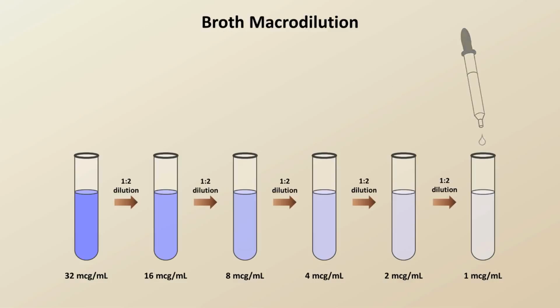The tubes are then incubated for about 24 hours. The following day, what will be seen is that some of the tubes will have become cloudy due to bacterial growth, and some will remain translucent. The lowest concentration of antibiotic that inhibited the bacterial growth is then considered to be the MIC. Although broth macrodilution is conceptually very simple, it is very labor intensive and no longer considered practical in high-volume microlabs.